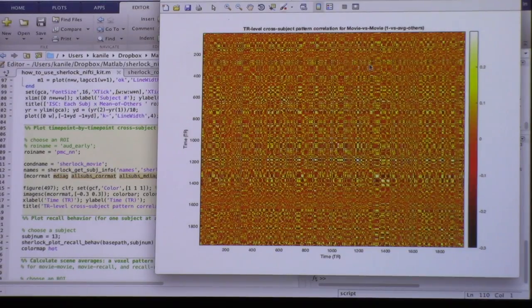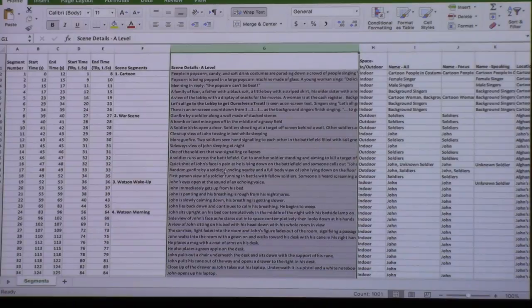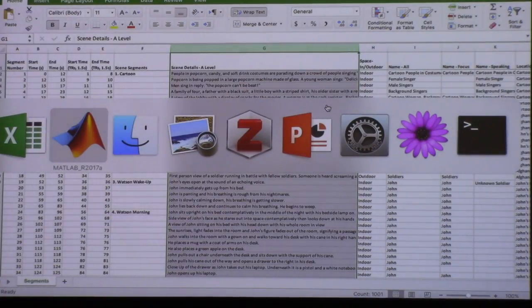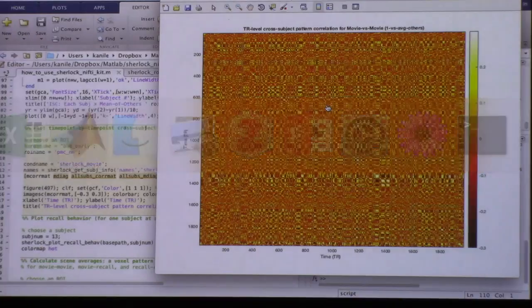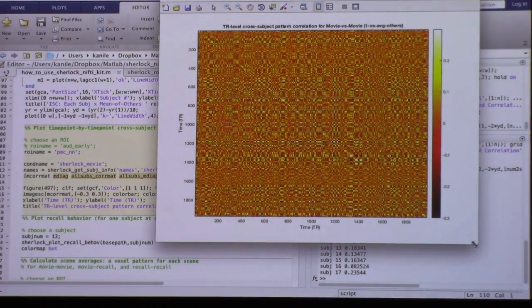So if you also had maybe a human-rated similarity, or in the case of this data set, Kieran Vodrahalli has a paper where he used Word2Vec to calculate similarity between all of the different time points in Sherlock, and then he's able to predict brain activity from the similarity between the descriptions of the different time points.